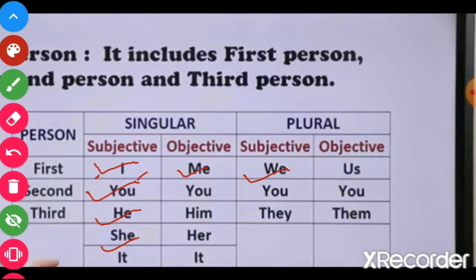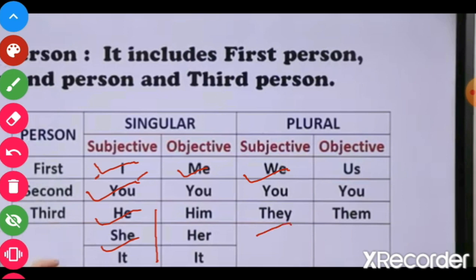Second person will always be you. Moving to the third person, it means the one I talk about. So I am talking about he, she, it. So he, she, it are the third person. This is the case when they are singular. If I am talking about more than one person, in that case we will use the pronoun they.